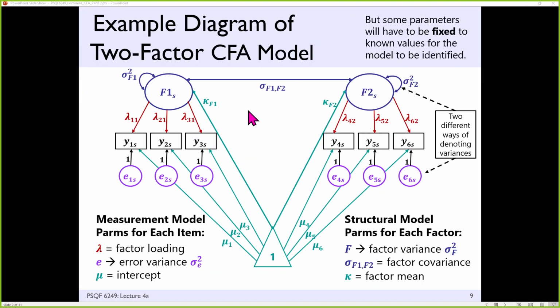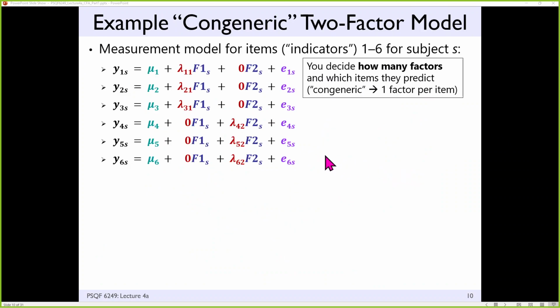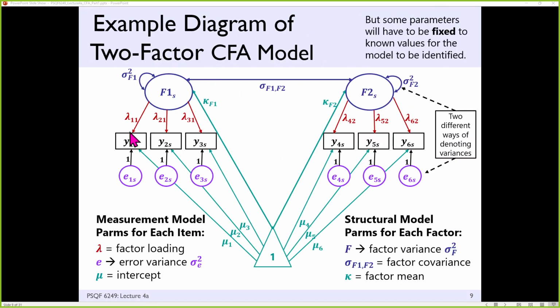Okay, so that model, the corresponding set of equations look like this. We have a separate equation predicting each item response as the outcome. And I'm keeping the color so we can start to keep things straight. The first term here is the intercept. Then we have the factor loading times F1, because in this picture, that's what predicts this response.